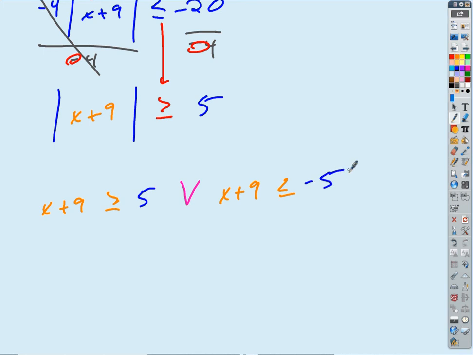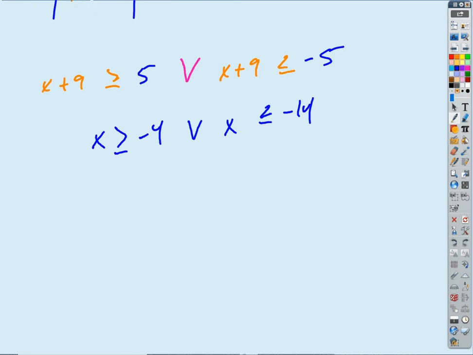And if we solve those, I end up with the solutions x is greater than or equal to -4, or x is less than or equal to -14, right? If I were to write with interval notation, I'd do this. This is the leftmost interval, isn't it?